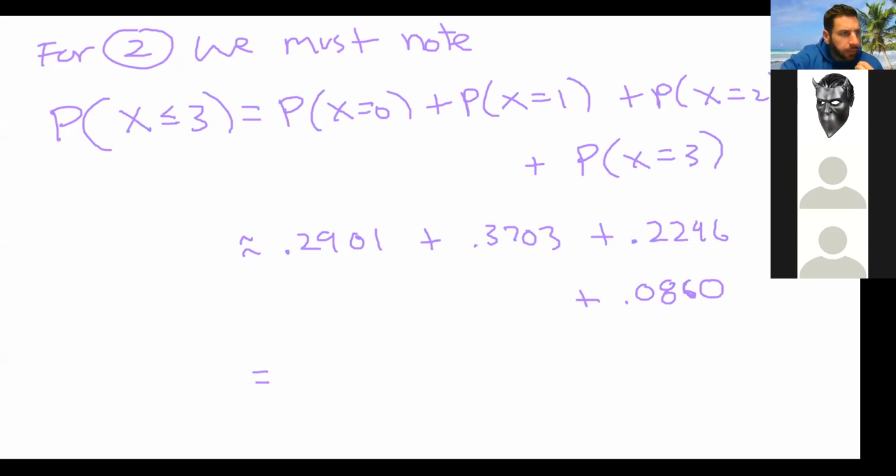So if I add these up, it looks like I get roughly 0.971, which is roughly a 97% chance.